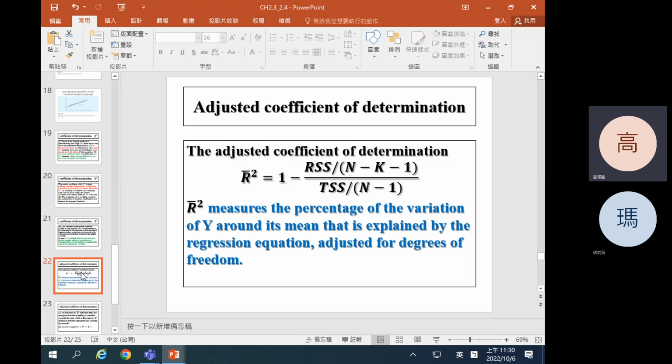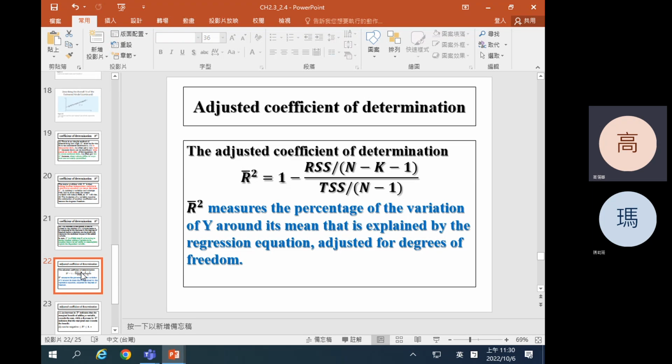Okay? And why do we adjust these degrees of freedom? What's the difference between the numerator and denominator, I mean, these degrees of freedom? What's the difference between these two? One is n minus k minus 1.